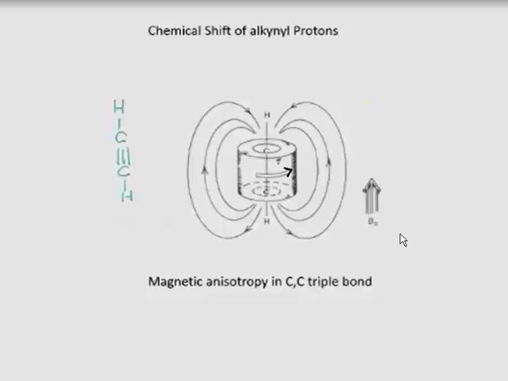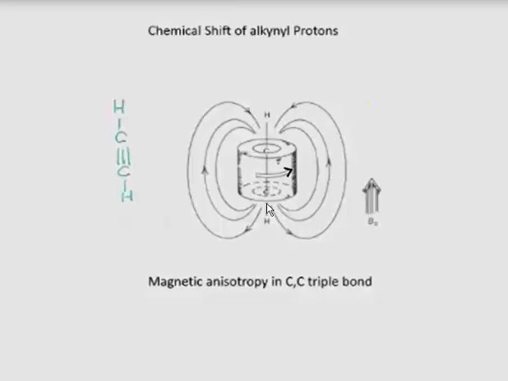This will cause the triple bond electrons to circulate in the direction indicated here. The triple bond acts like a kind of cylinder, and its pi electrons travel around and around that cylinder, and as they do, they will generate a secondary magnetic field, line loops shown in the diagram.